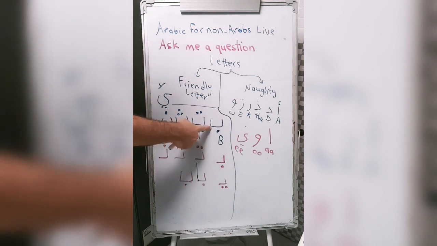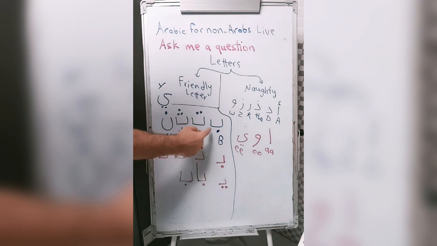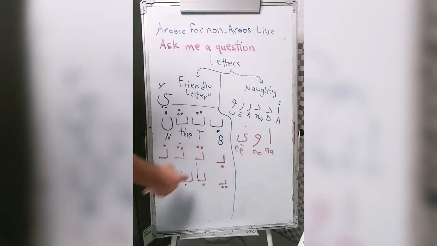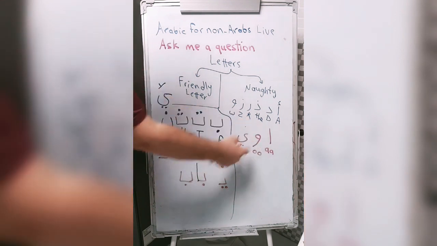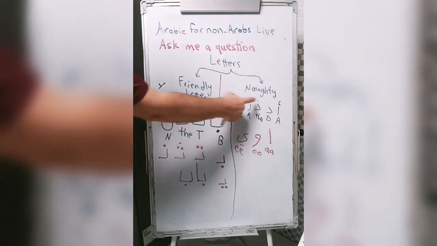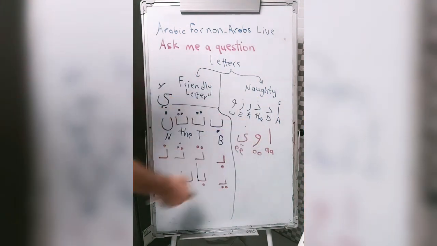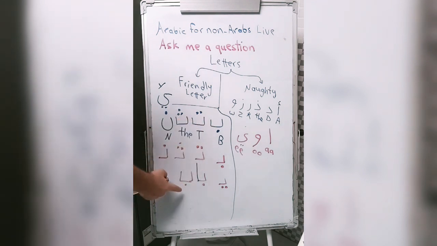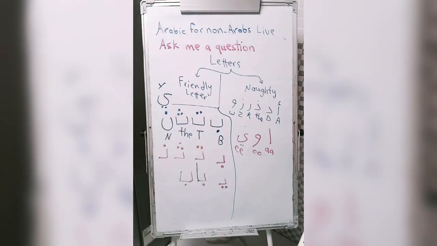But when I'm joining it with a long sound, I have to chop his arm. We don't say ba, a. We have to say ba. This letter doesn't join the letter after, as we said before, because it's naughty. And then I just write letter B, and it's going to be bab, that is a door. Okay?